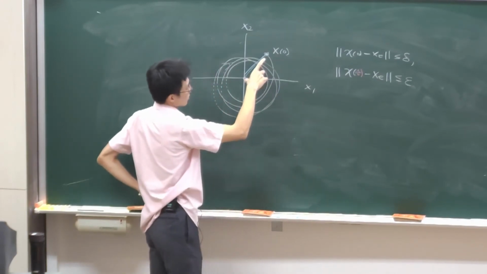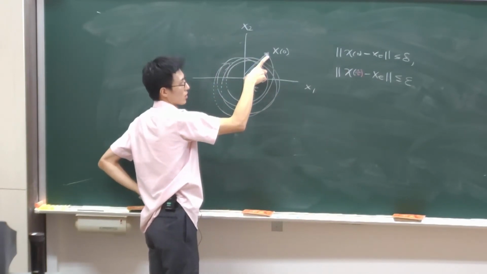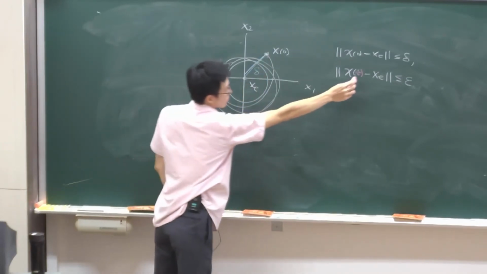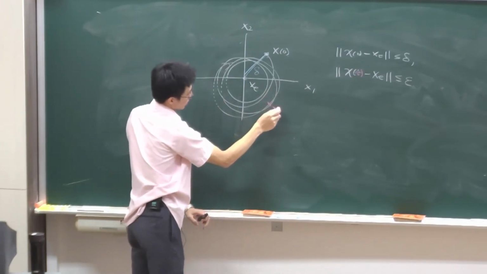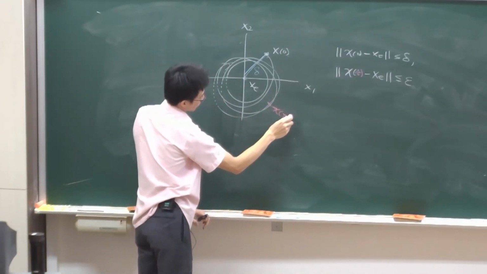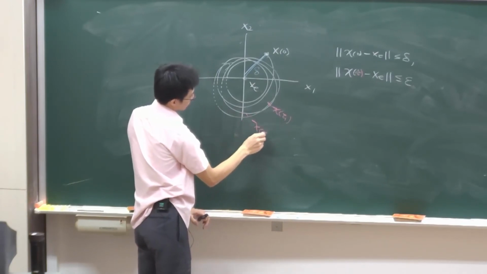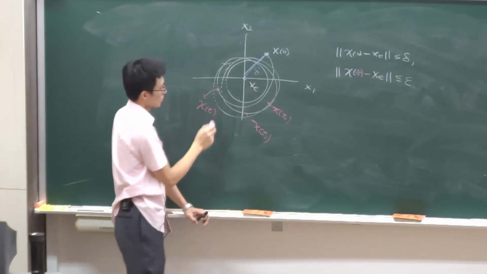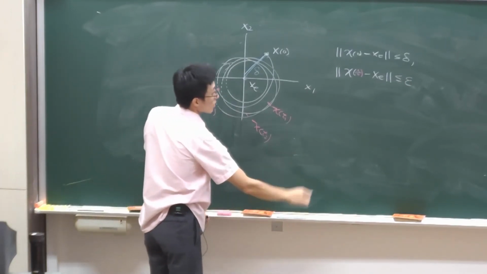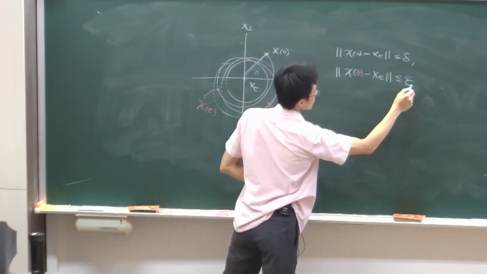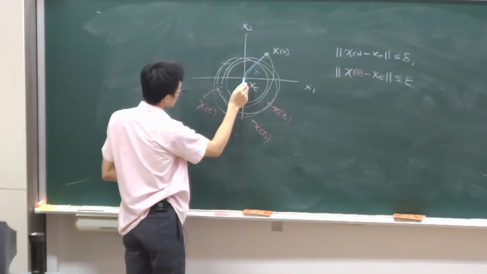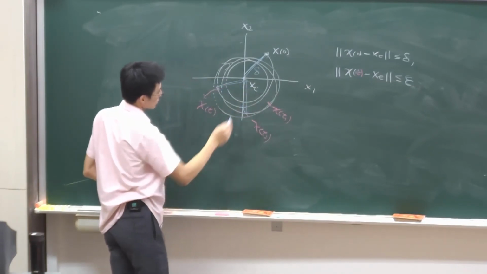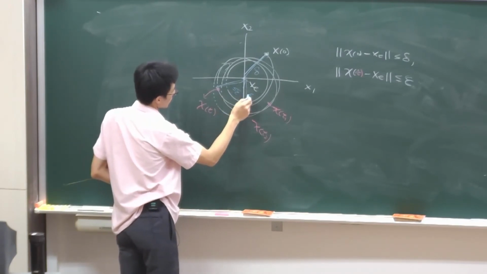So the distance between your equilibrium point and your initial condition is within some constant delta. Then for any time t, xt always remains within the distance of epsilon, which is greater than 0. This distance is smaller than epsilon.